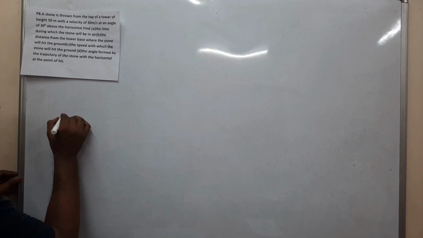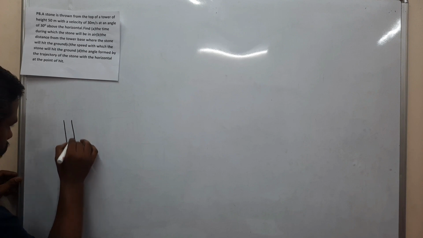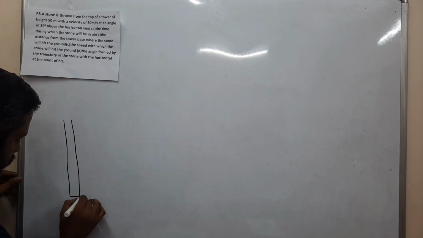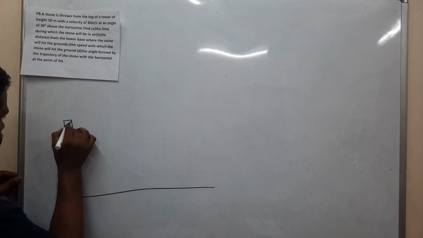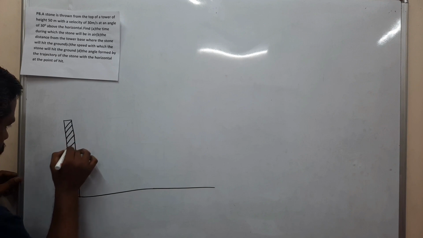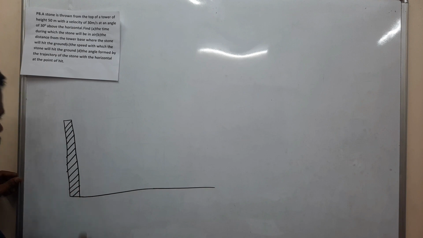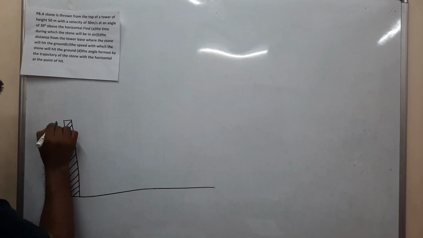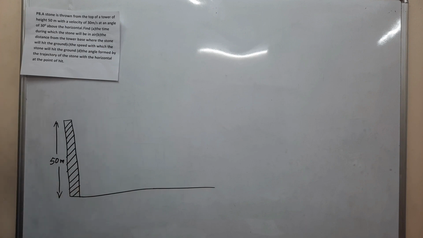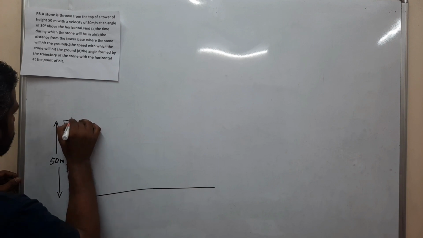So here, a stone is thrown from the top of a tower of height 50 meter with a velocity of 30 meter per second at an angle of 30 degree.